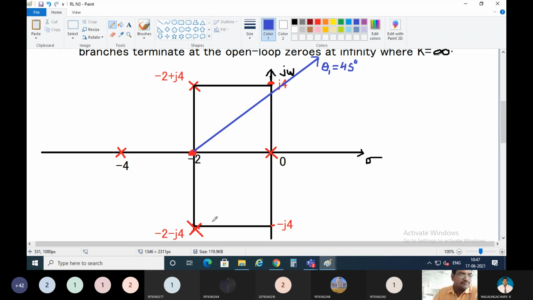Angle of asymptote 135. So this is 90, this is 180, so same.